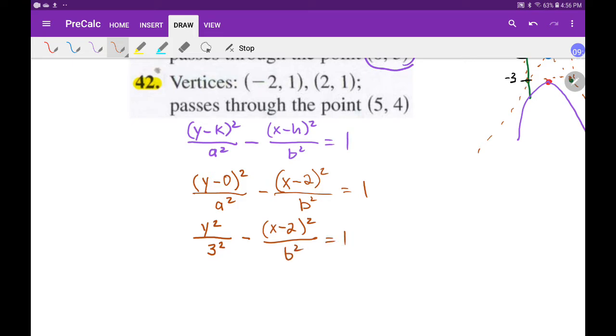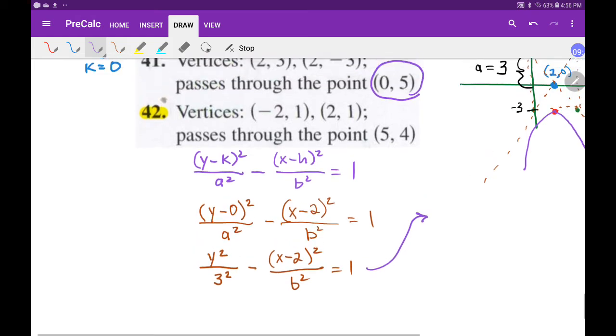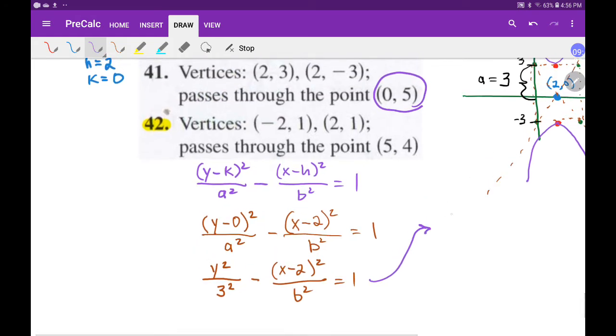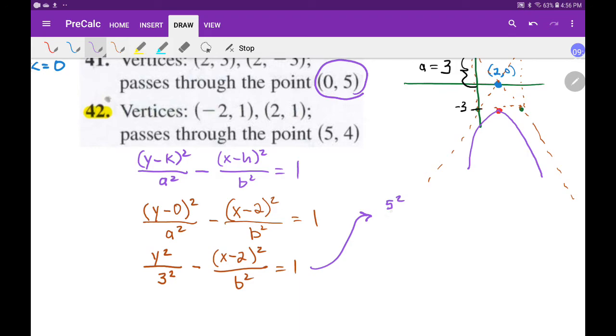Right now there's 3 things I don't know. Once they gave me a point, now I kind of know some things. I know that y is 5, so I'm going to say 5 squared over 3 squared, minus x is 0, so I just have negative 2 squared over b squared is equal to 1.